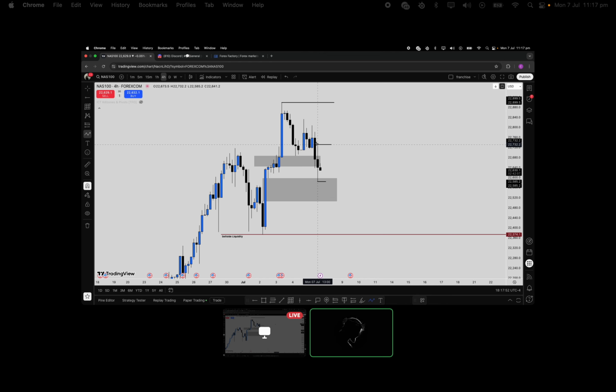It just means if we're in this gap, we're going to want to return to ERL, right? Then if we've taken out this, we want to return to IRL. Then if we've taken out IRL, we want to return to this ERL. Then if we take out this ERL, we want to return to this IRL. Then if we take out this IRL, we then want to return to this ERL, and then it's the same.